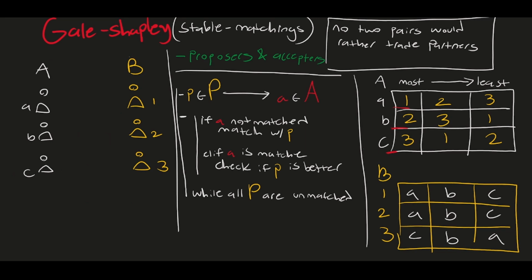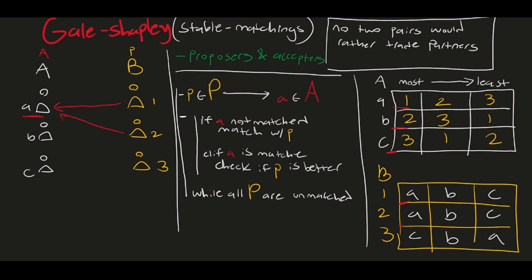Now let's see what happens when B proposes first. So B is the proposer and A is the acceptor. We first have 1 proposes to A. Now 2 proposes to A. Now it's up to A to choose who they prefer the most.